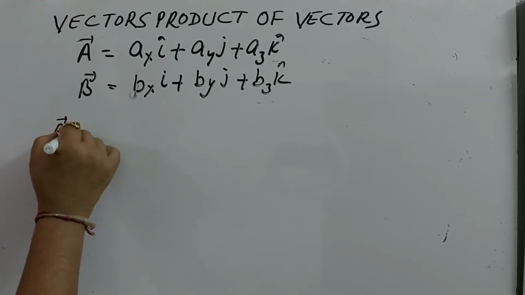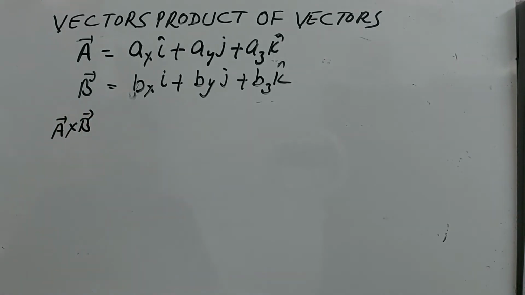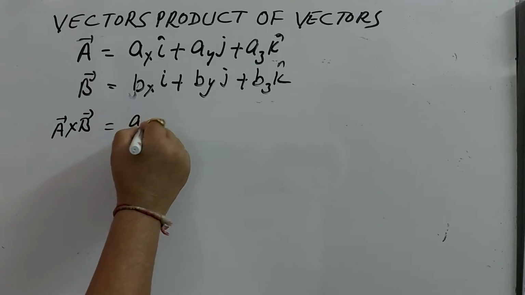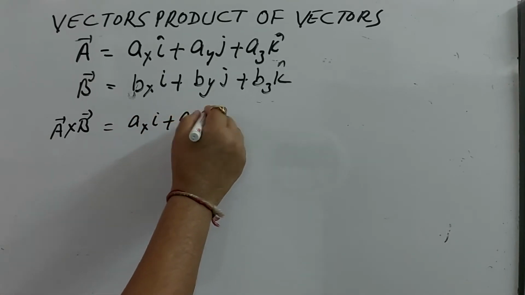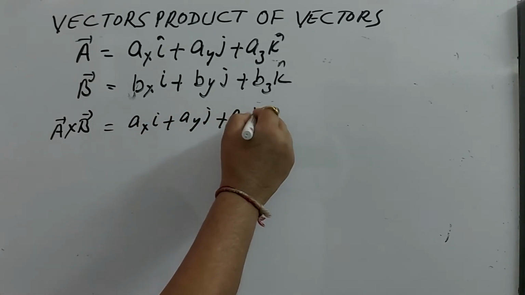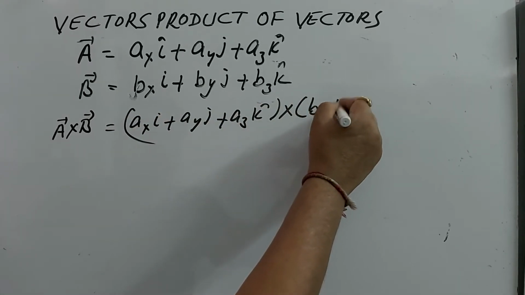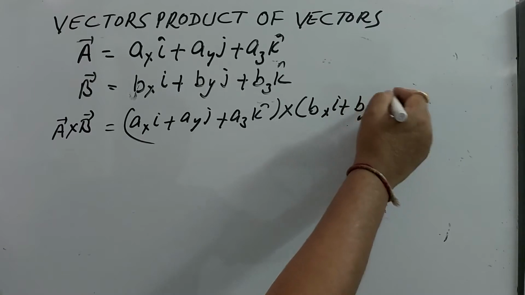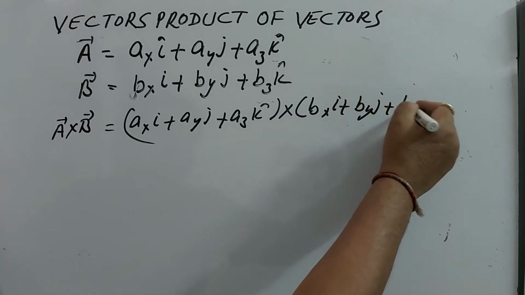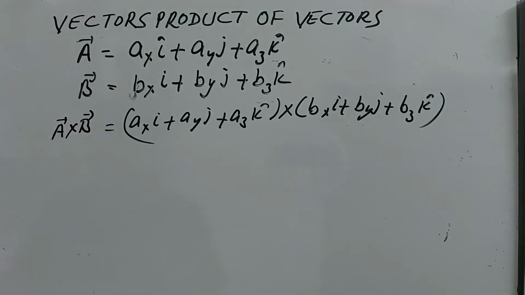In component form, you simply multiply these two. This is equal to ax i plus ay j plus az k cross bx i plus by j plus bz k.